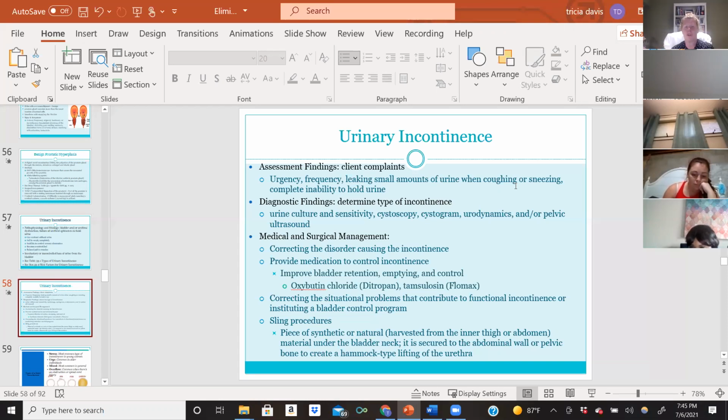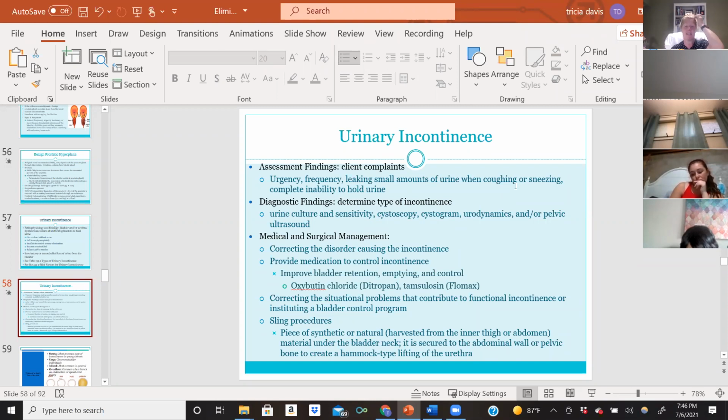For medical or surgical management, this is going to be based upon correcting the disorder that's causing the incontinence. So it could be a variety of things depending on what's causing the problem. We can provide medication to control incontinence. So some medications will improve bladder retention, emptying, and being able to hold on to that, have control over your bladder, works with the muscles.